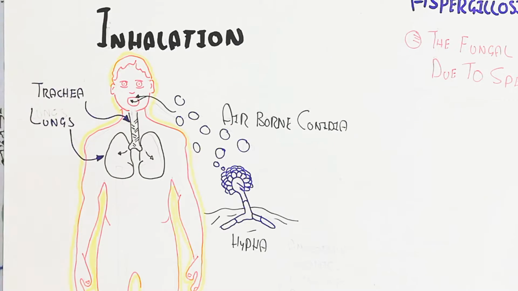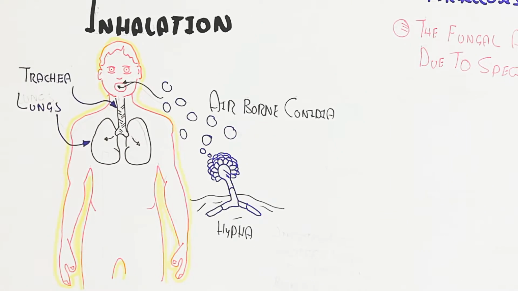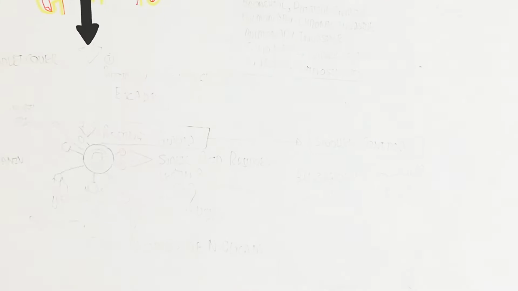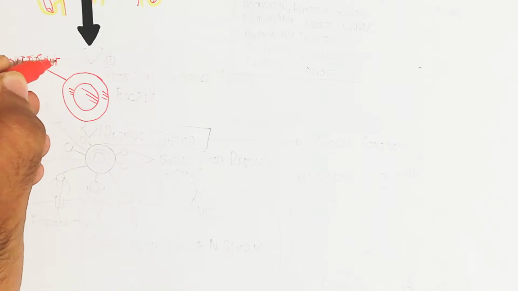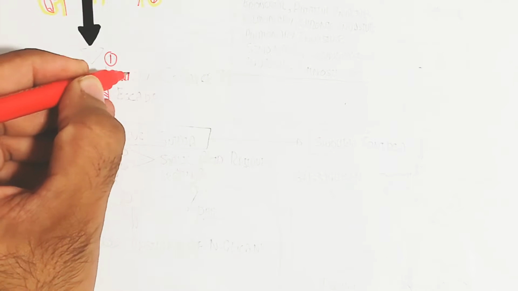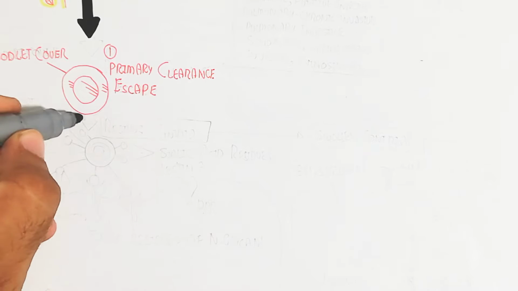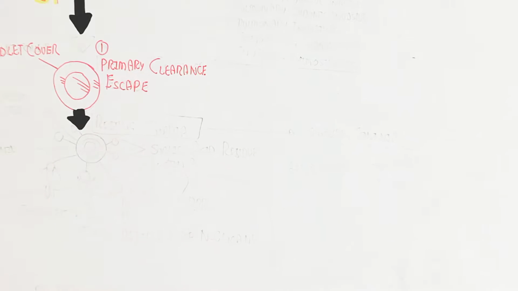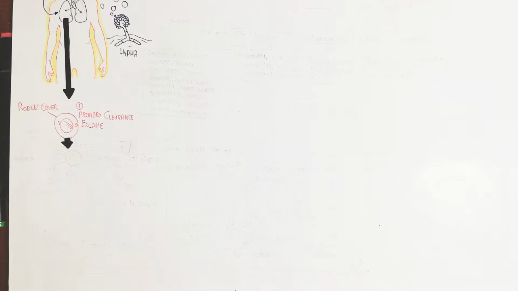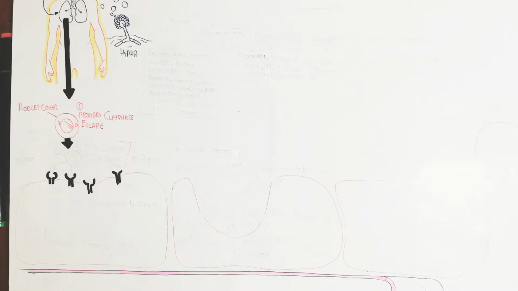But sometimes the primary clearance is escaped because of the rodlet cover of the spores. Usually it is cleared by our innate immune system and the macrophages in the lungs, but weak immunity will lead to aspergillosis.